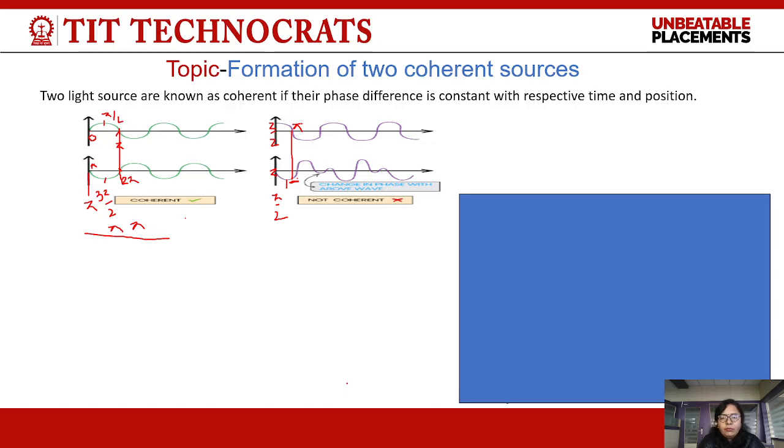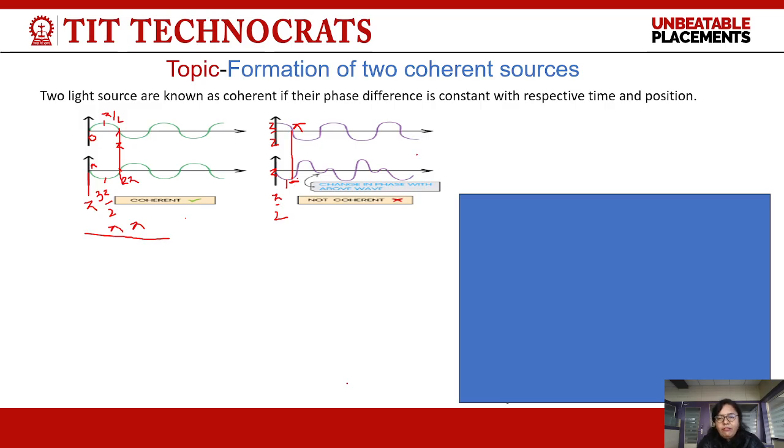If we think it is pi, it may be 3 pi by 2, or more than 3 pi by 2. If we take the phase difference between 3 pi by 2 and pi, we do not get exactly pi by 2. It is more than pi by 2. So here the phase difference changes.